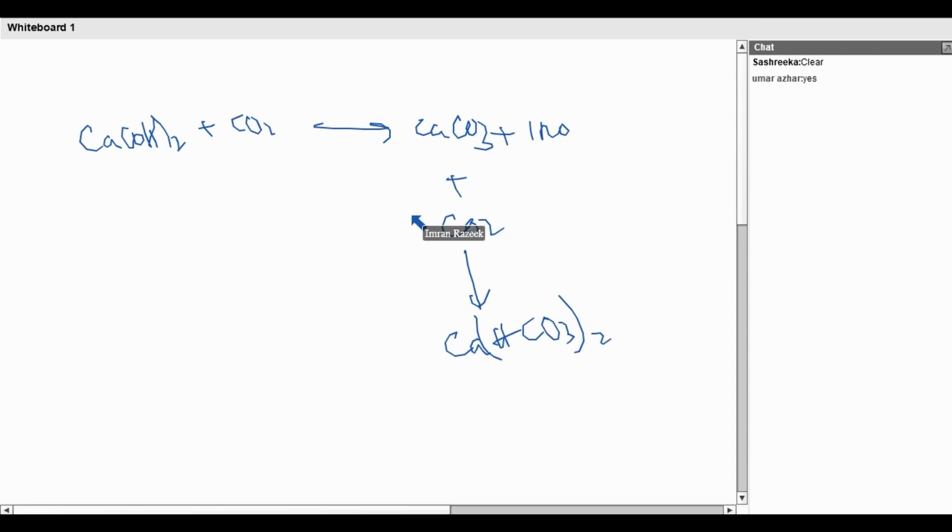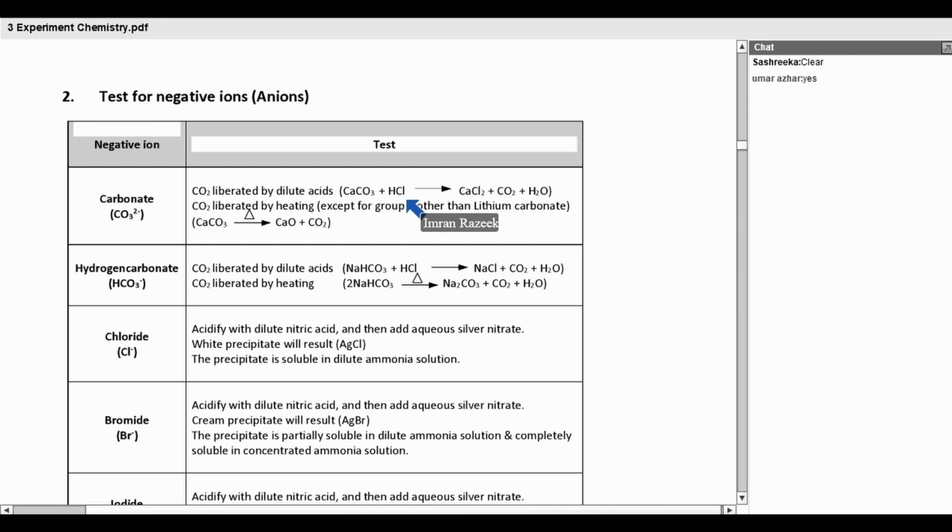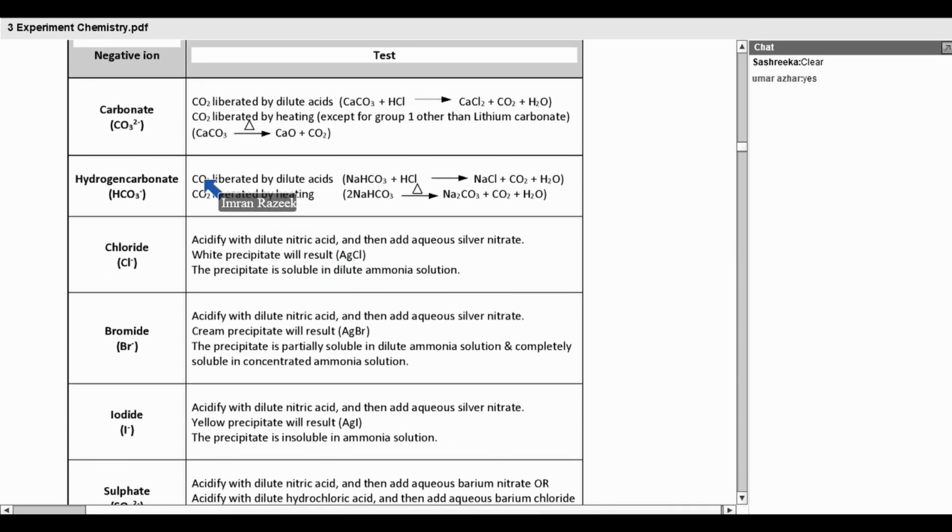So you have to be careful to avoid the suck back. In order to avoid it, you have to first remove the lime water from the delivery tube before you remove the flame away from the carbonate.